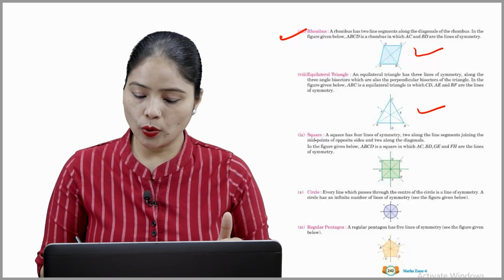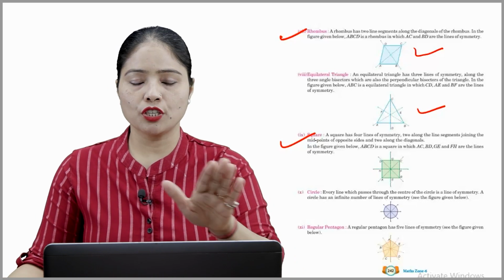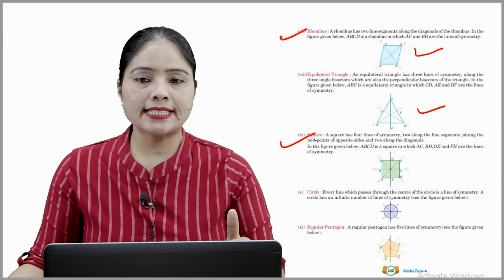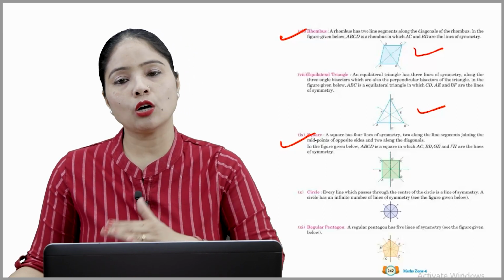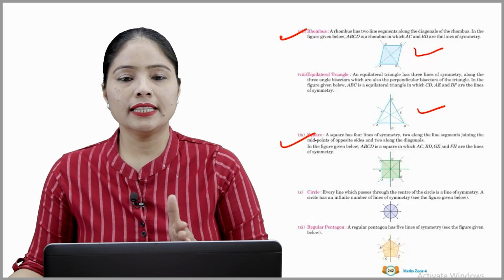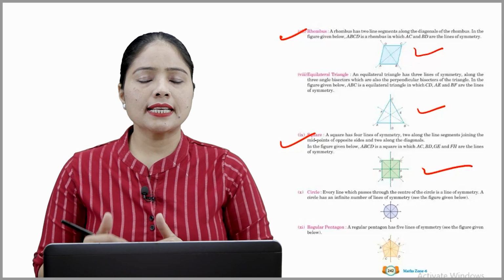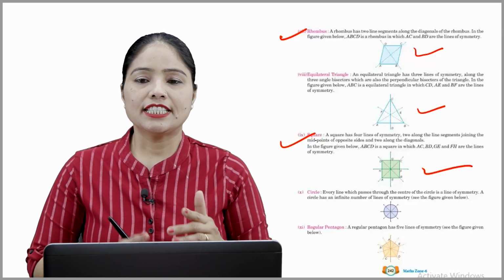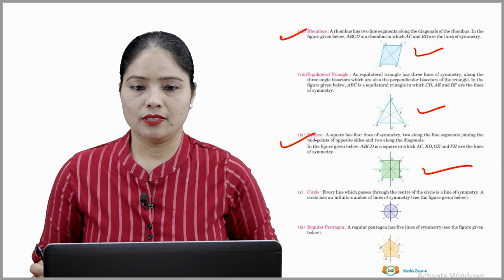After that, square. So a square has four lines of symmetry. Two along the line segment joining the midpoints of the opposite sides and two along the diagonals. In the given figure below, ABCD is a square in which AC, BD, GE and FH are the lines of symmetry.